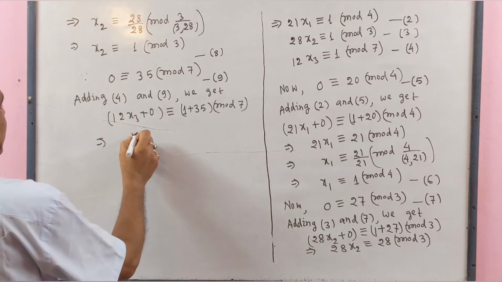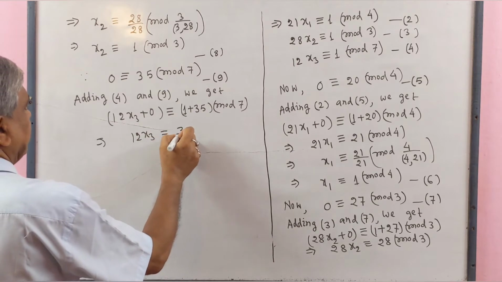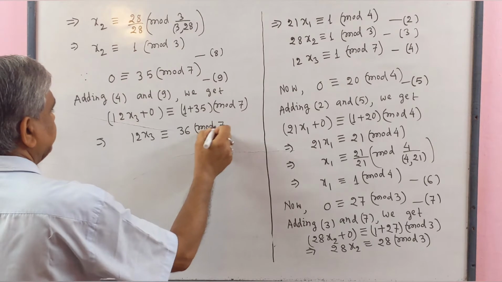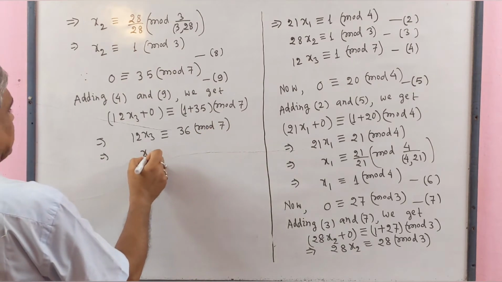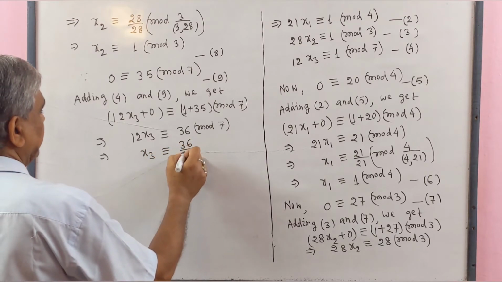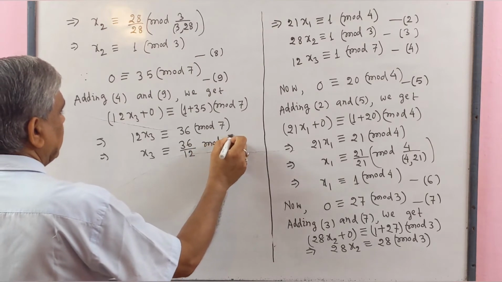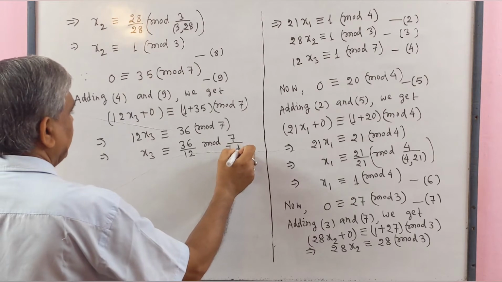Implies that 12x3 is congruent to 36 modulo 7. Implies that x3 is congruent to 36 by 12 modulo 7 by GCD of 7 and 12.